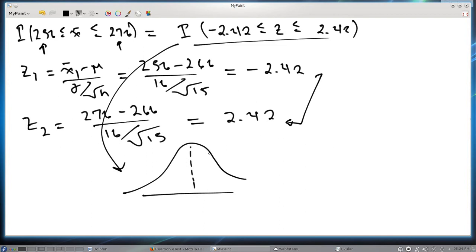So I have a positive 1, a negative 1, a negative 2, a positive 2, a negative 3, a positive 3. So what we have then is a 2.4 somewhere around here, and that's a negative 2.4. This is a positive 2.4 somewhere around here.